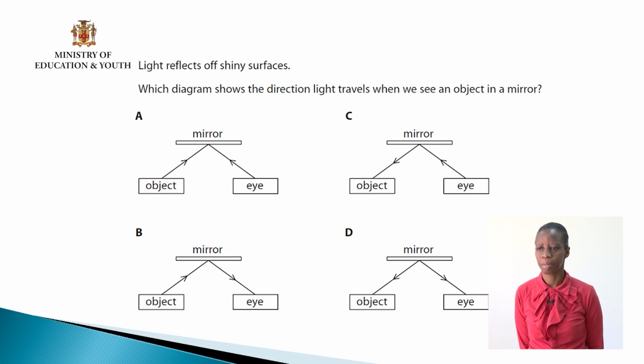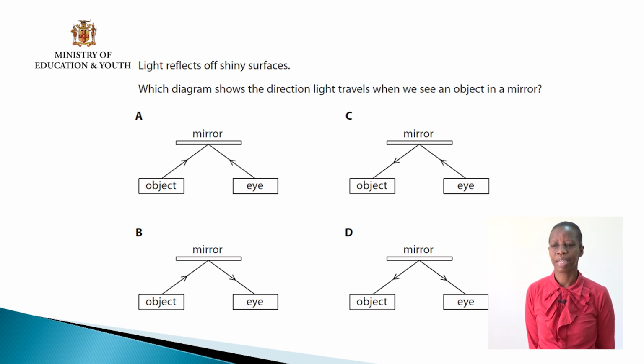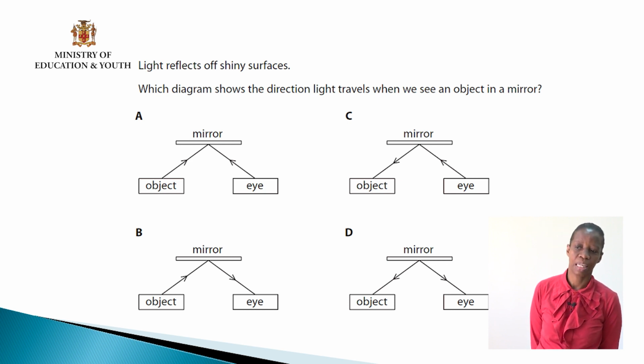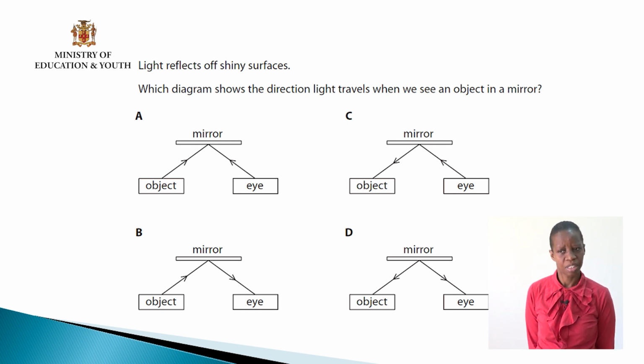Let's look at B. B has the light ray coming from the object, yes? And then when it hits the mirror, it basically reflects and goes in the opposite direction. And our eye picks it up, right? Does that sound like the correct diagram?